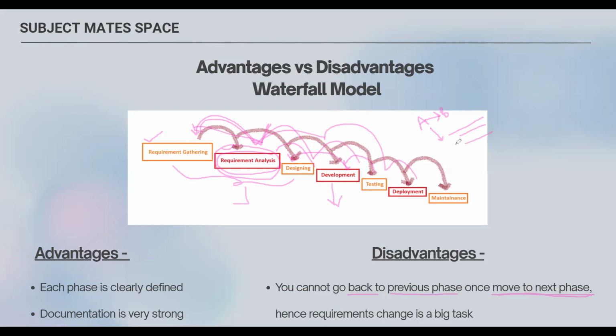So now the client comes back and asks, hey, I want this feature added. Can you implement it? Now see, if there is any requirement change, again we need to go back to the beginning. Again we need to do the requirement gathering, again the requirement analysis, again the designing part. Then we are going to develop. So that is a big headache. Hence requirements change is a very big task.